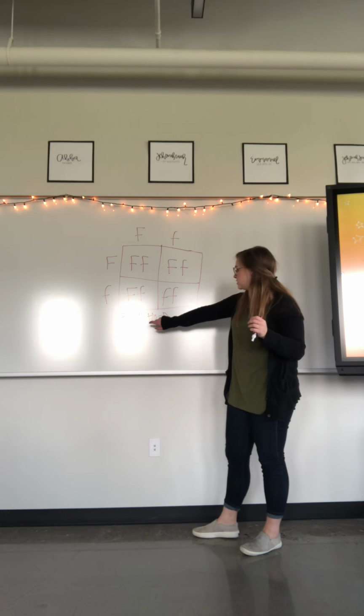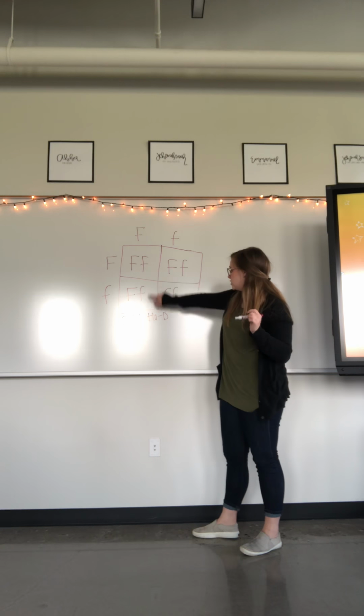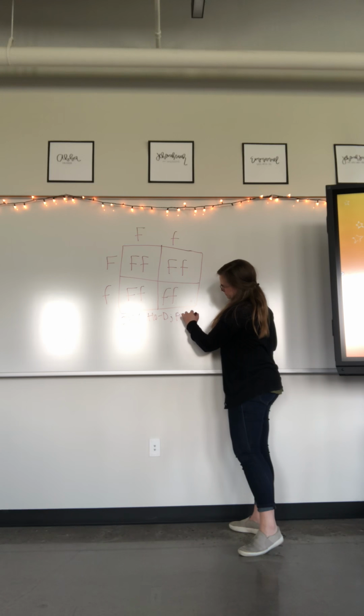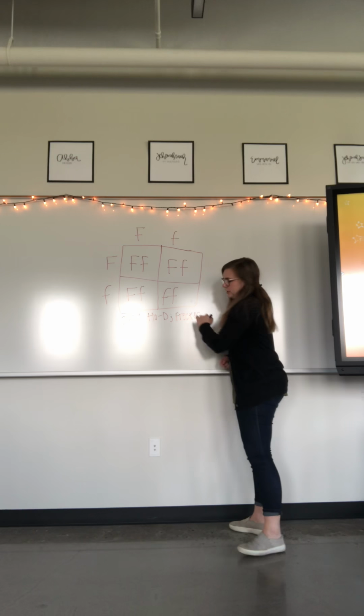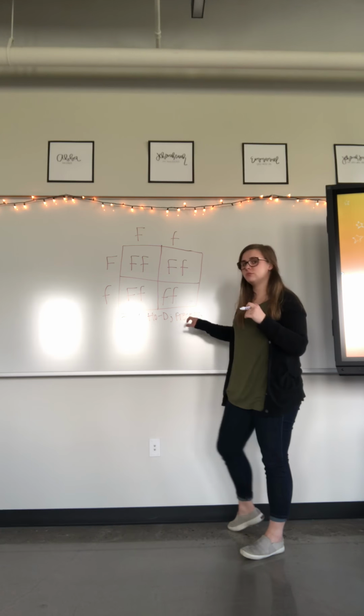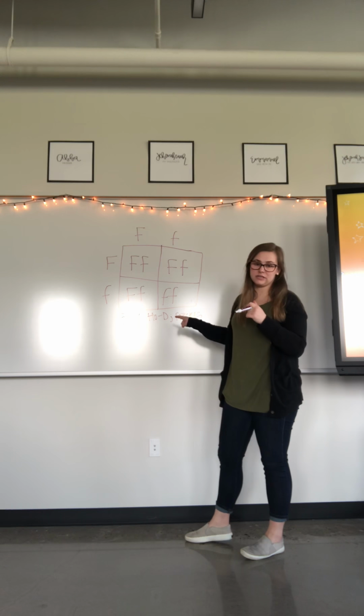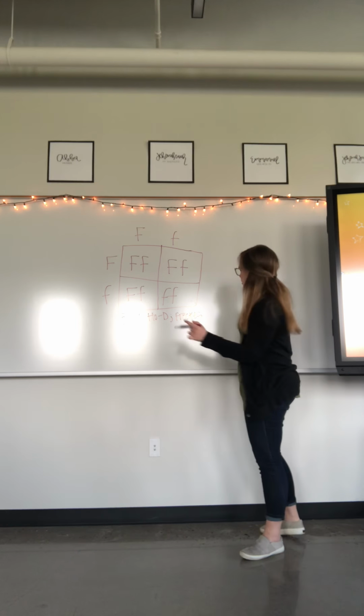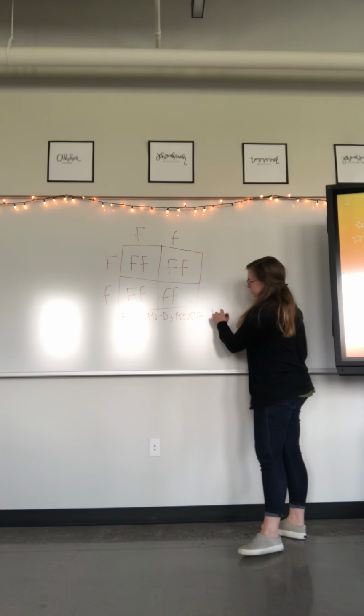So genotype here is going to be the genes, which is homozygous dominant. Our phenotype is going to be the fact that they have freckles. And then looking at that, can a homozygous dominant person pass on the recessive trait? No, they don't have the recessive trait to pass on, so they will not pass that on.